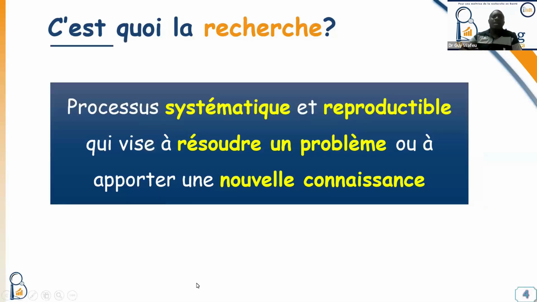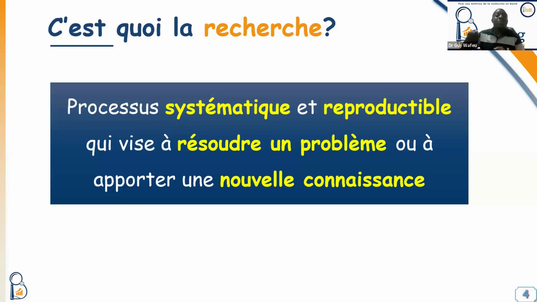So research is a systematic process that must be reproducible, which at the end aims to solve a problem or to bring new knowledge or new information. When you think about research, you should see something with several steps that you always need to go through.